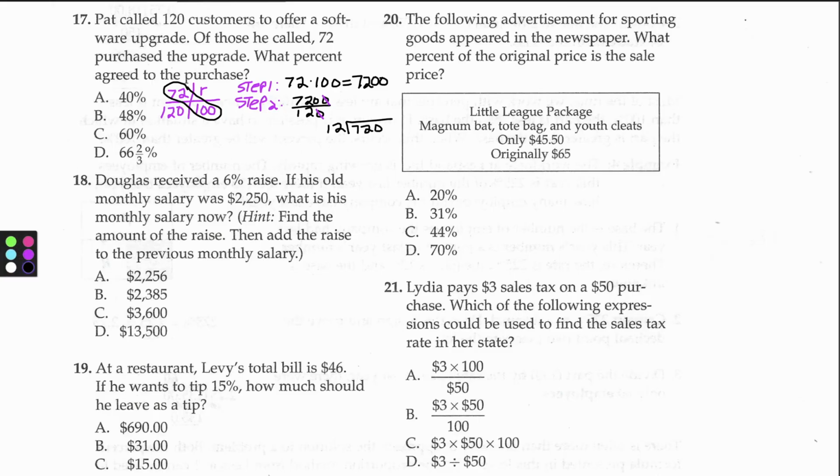Now ask ourselves, how many 12s are there in 72? Do you say 5? If it's 5, it will be 60. If it's 6, then it will be 72. So why don't we use 6? 6 times 2 is 12, carry 1. 6 times 1 is 6, plus 1 is 7.